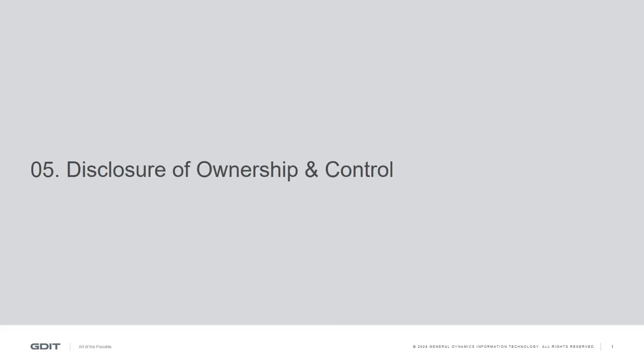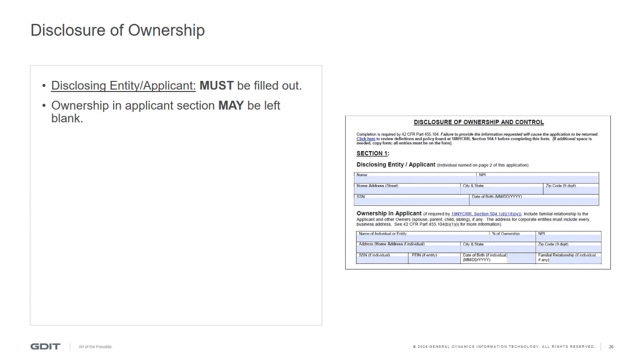Disclosure of ownership and control. For the disclosing entity/applicant, please fill in your information, including home address, Social Security number, and date of birth. This information is collected to comply with federal data collection and screening requirements. For the ownership and applicant section, this may be left blank.